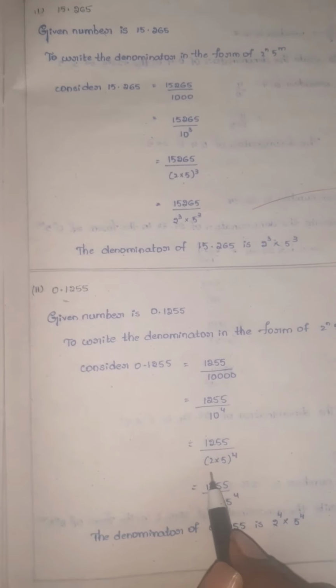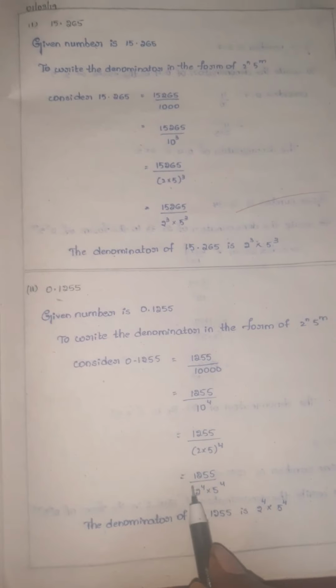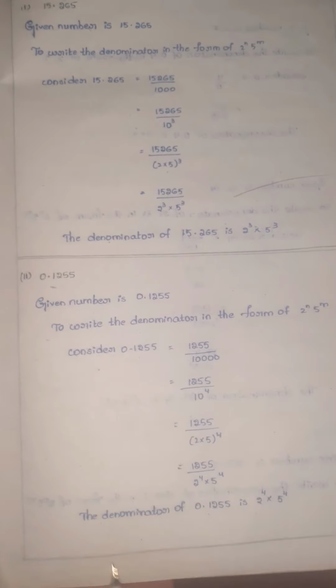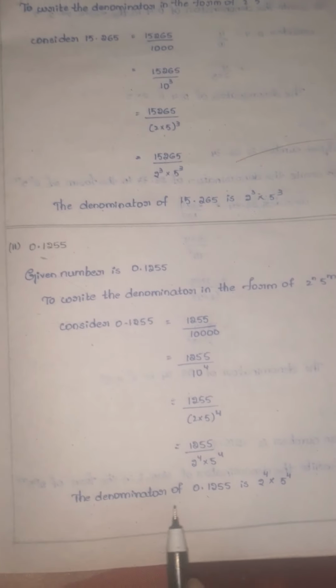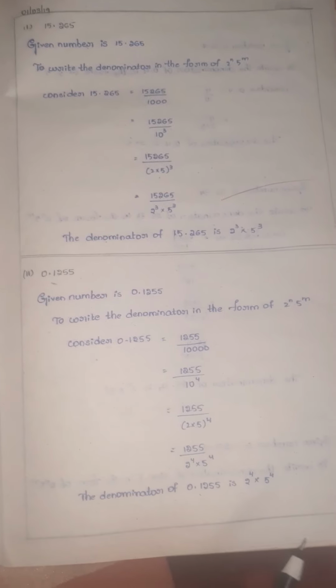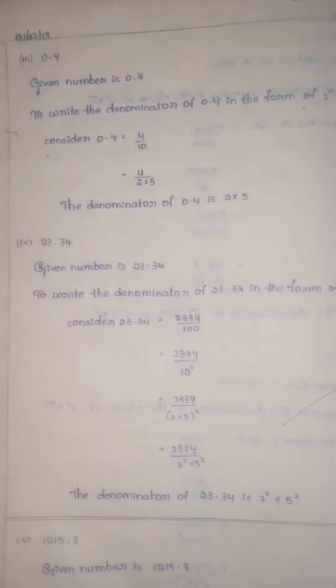So 10 can be written as 2 into 5 whole power 4. Next I wrote numerator as it is. This can be written as 2 power 4 into 5 power 4. So the denominator of 0.1255 is 2 power 4 into 5 power 4. Is it clear, children?